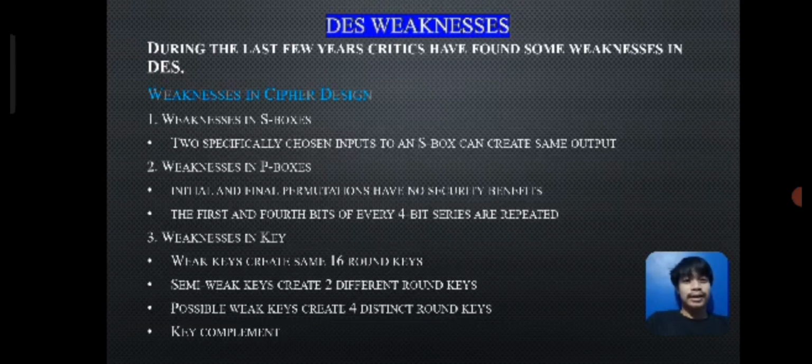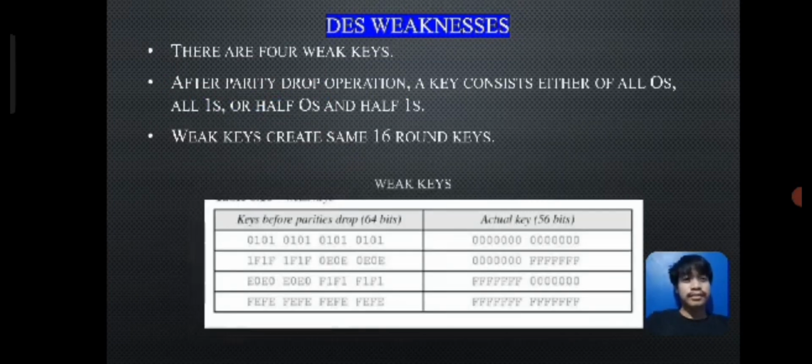Weak keys create the same 16 round keys. Semi-weak keys create only 2 different round keys. Possible weak keys create only 4 distinct round keys. Key complement. There are 4 weak keys. After the parity drop operation, a key consists either of all zeros, all ones, or half zeros and half ones.